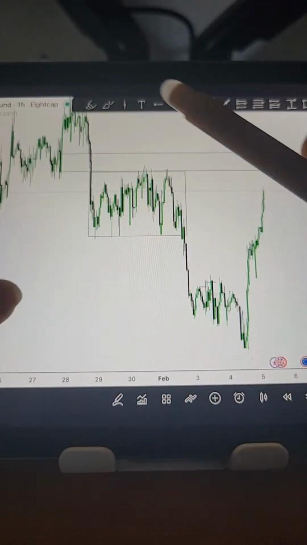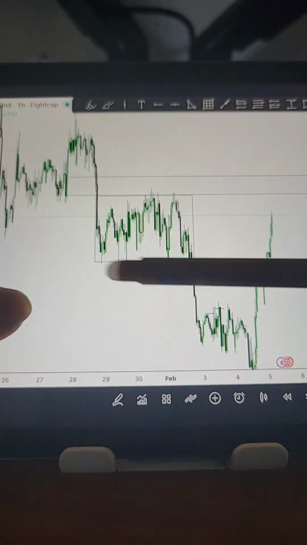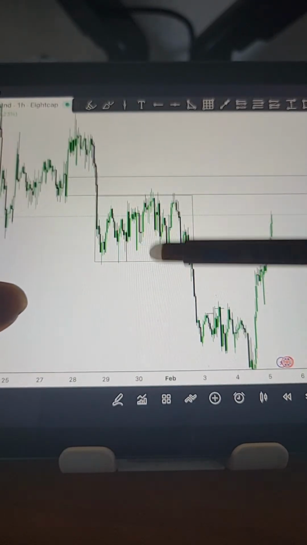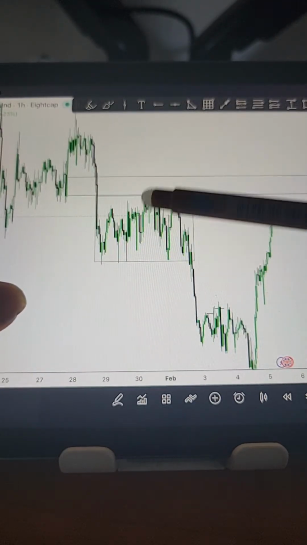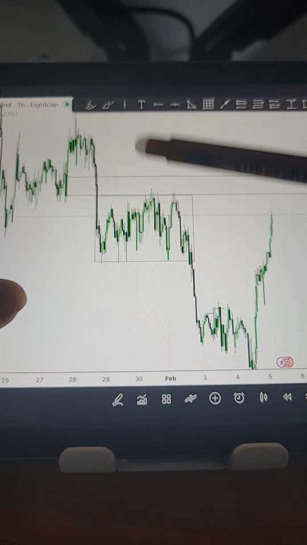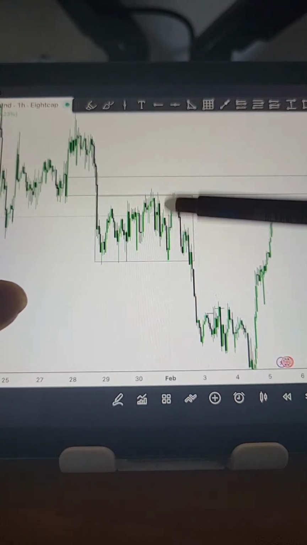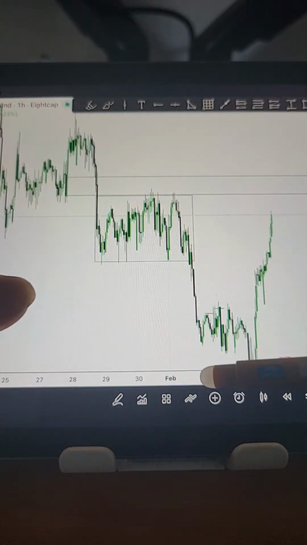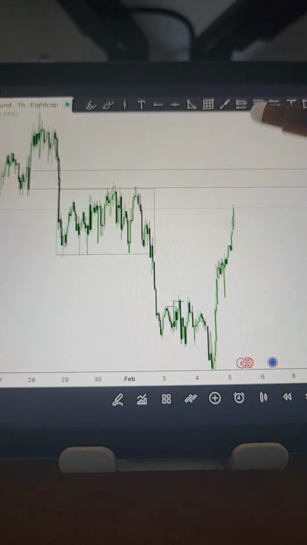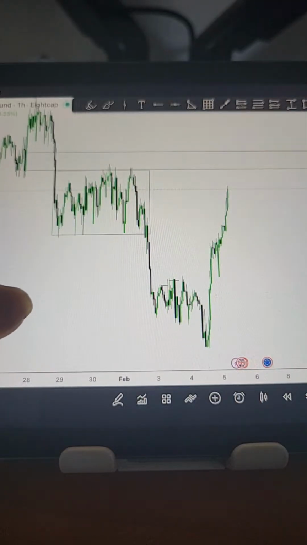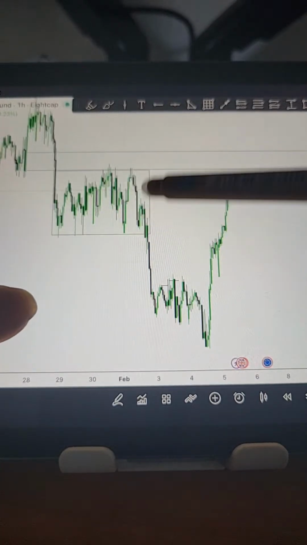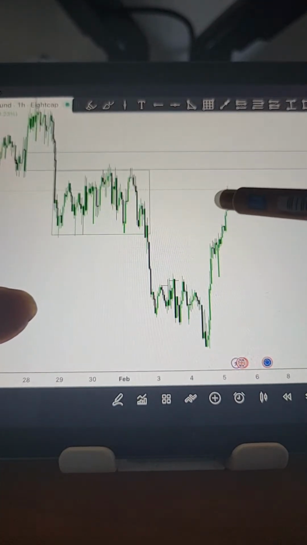This is a very strong zone. You can see that there was a strong consolidation around this zone. Price was just moving up, down, going sideways, no direction before this breakout, guys. So if I want to get involved in this trade, this is a very strong zone that price will react from.